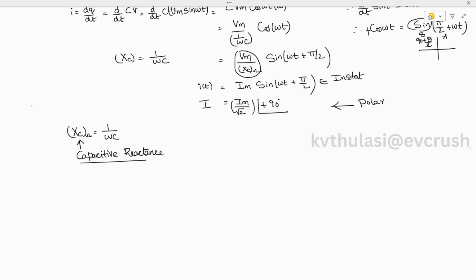Capacitive reactance is defined as the opposition offered by the capacitor to the flow of AC current.